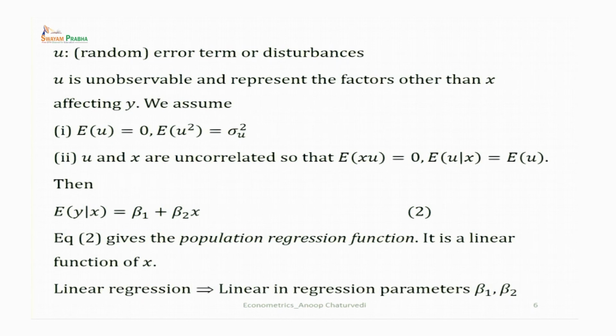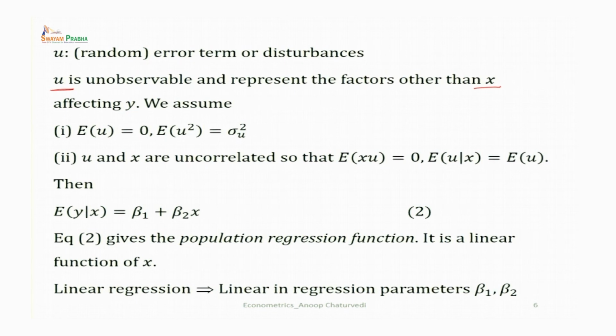You can't get a perfect model. So, apart from x, there might be many other factors which are affecting y, and all those factors are taken care of by this term u.